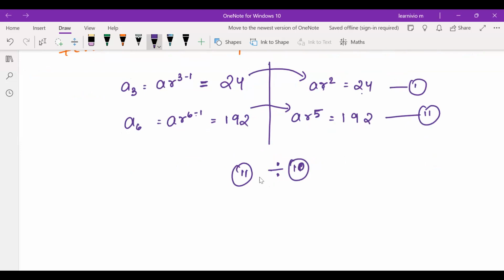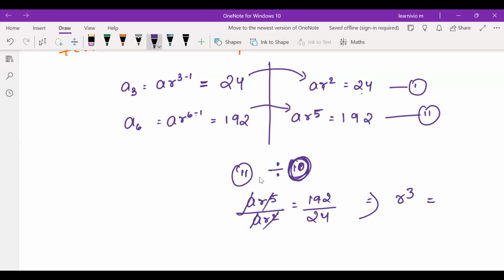If you do the division like this, it will cancel out your a and you will be left with r, and you will be able to take out the value of r. You will have ar to the power 5 by ar square equals 192 by 24. You will just do the simplification here and you will be able to take out the r value. r cube is 192 by 24.